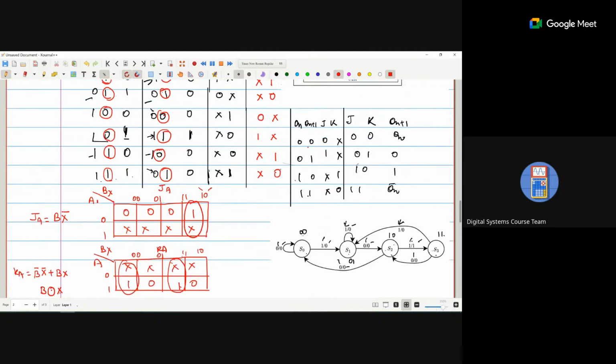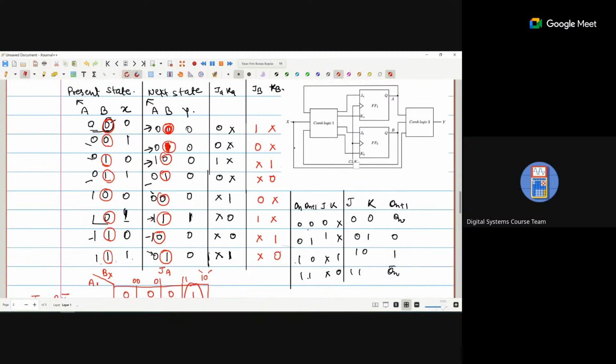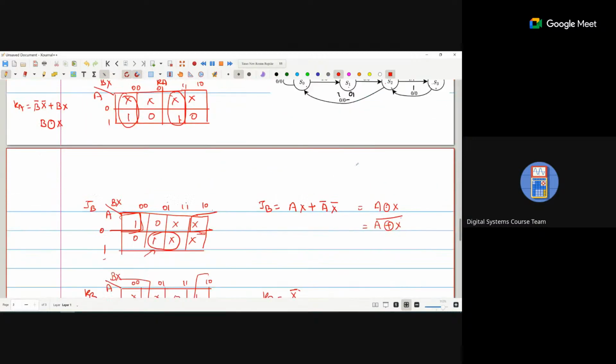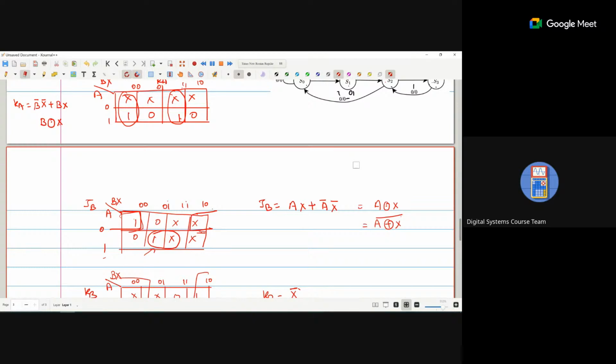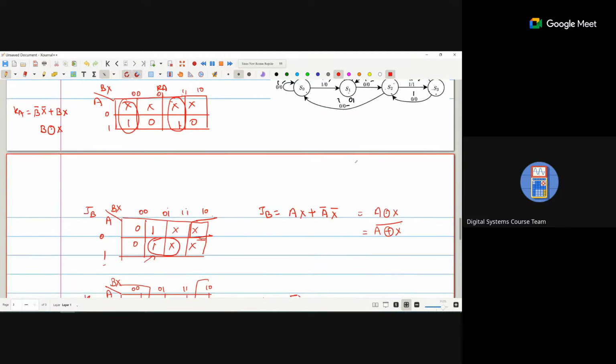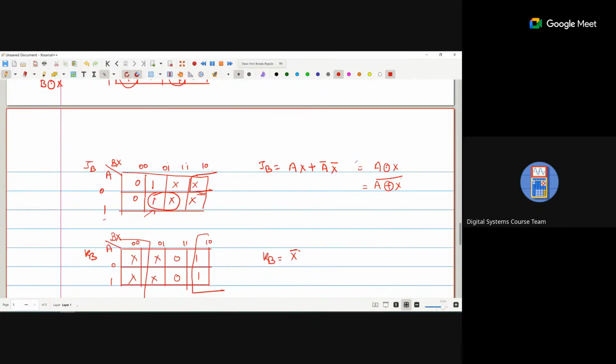Okay, so there are changes in the KB, these two. Present state is 0, next state is 0, so it is 0 cross. And present state is 0, next state is 1, it is 1 cross. Only these two will be changed.